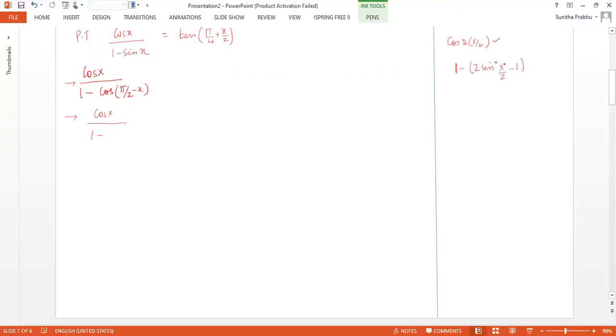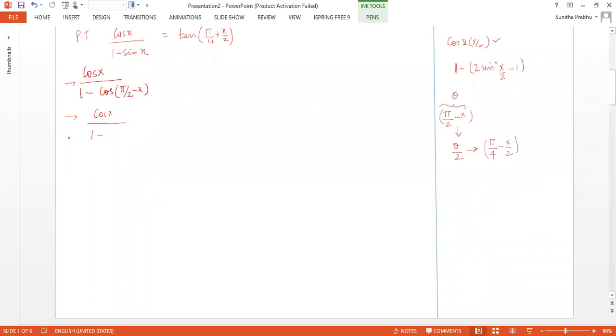Whatever the angle is there, I have to take half of that angle. But what is my angle here? Pi by 2 minus x is the angle that I have with me. So if I want half of that angle, I want theta by 2. That means I need pi by 4 minus x by 2.